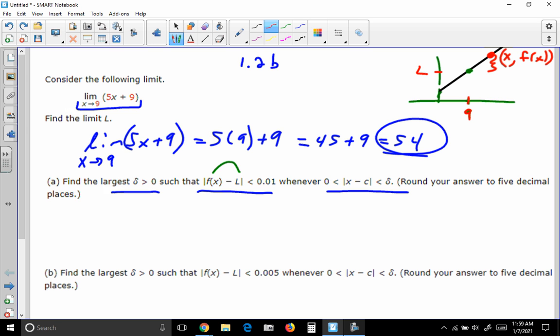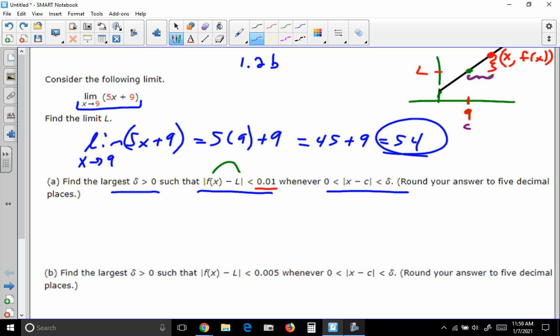So this is saying that as the distance between an arbitrary point and this point gets closer and closer to 0, or if that distance is less than 0.01, then how does that correspond to a distance in the x direction? This means a distance in the x direction.